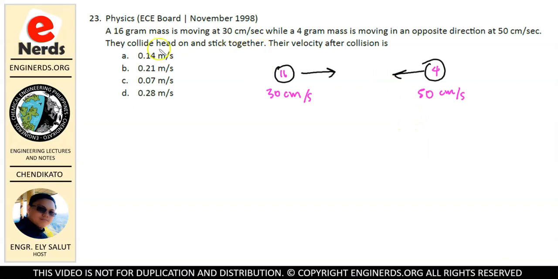Okay, so what we need to find is, after they collide, they stick together, and their velocity after collision.